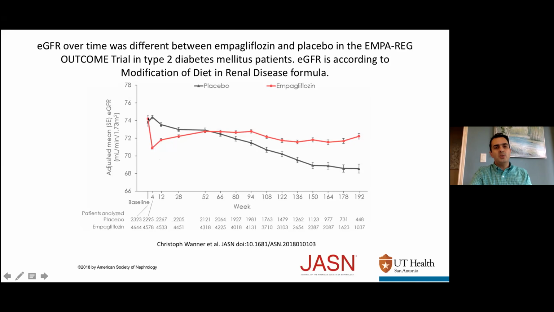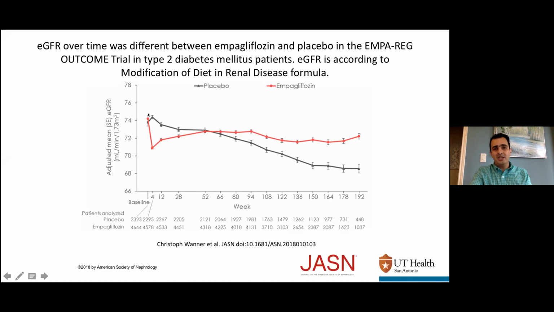You can notice that when you start SGLT2, there's a dip in the eGFR, and that stabilizes and maybe improves a little bit. If you have a patient without SGLT2, the GFR initially is much better, but if you follow them down the road, the patient on SGLT2 remains stable with the eGFR. There's a dip, but they remain stable.